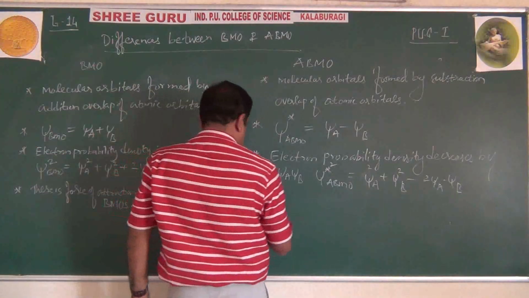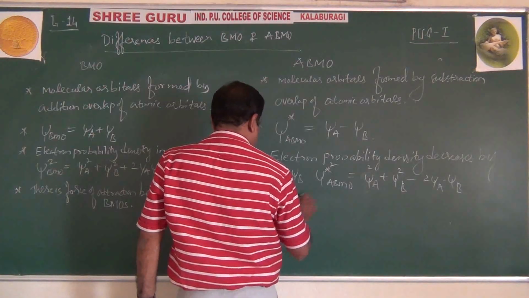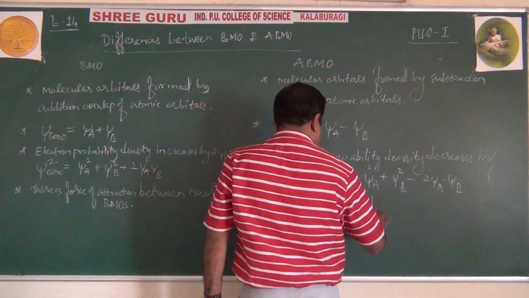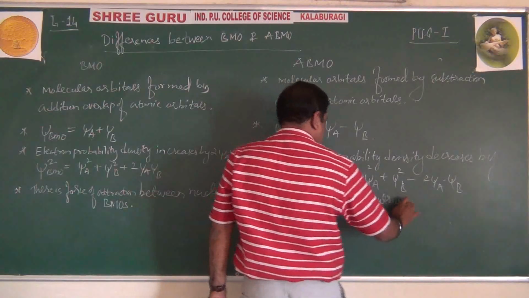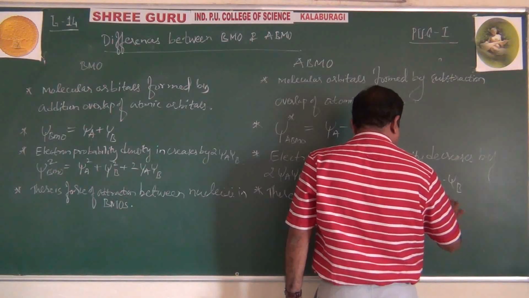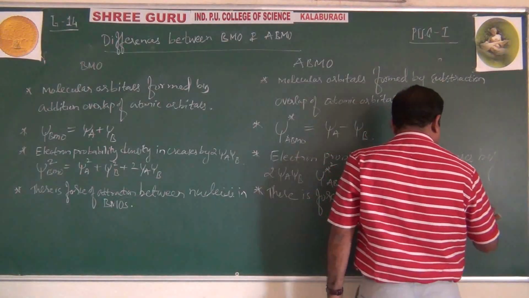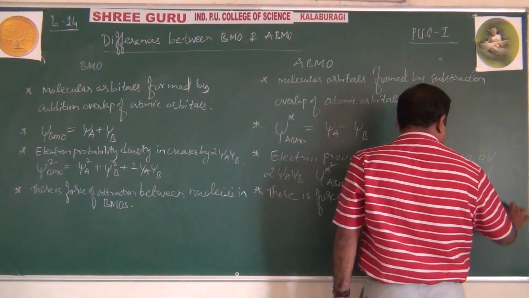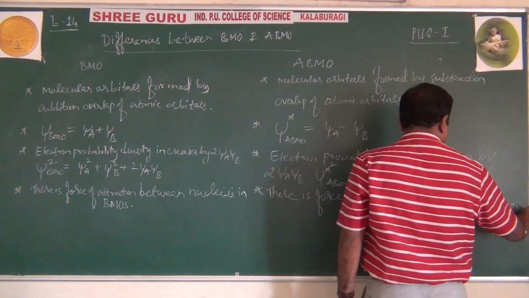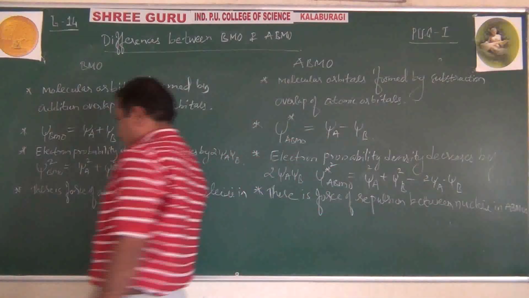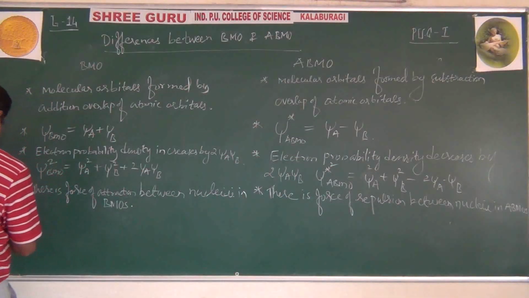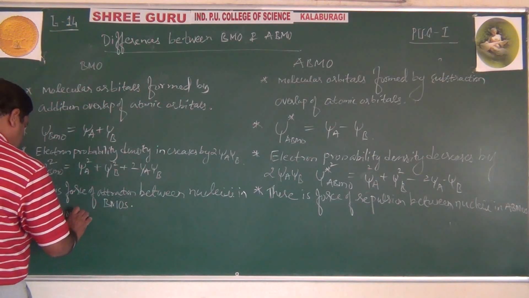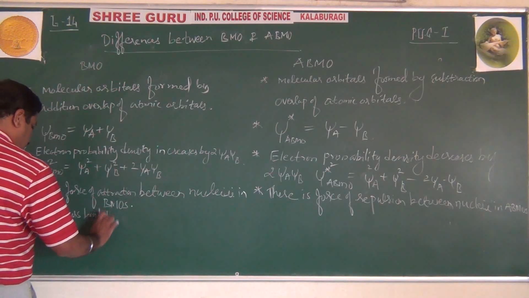Here there is a force of repulsion between nuclei in ABMO. Hence, it favors bond formation.